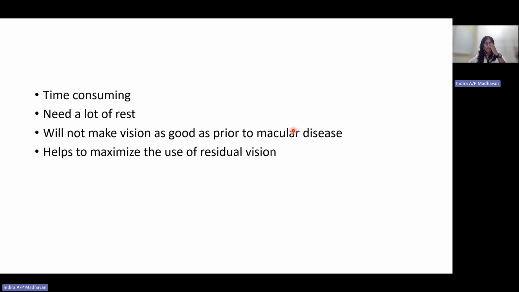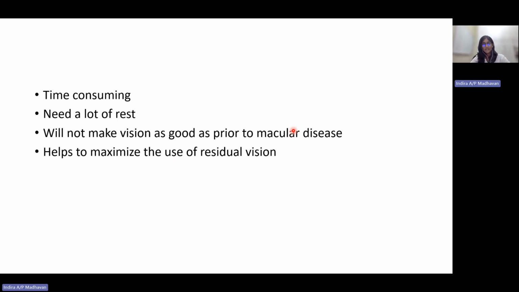As I already explained, the center part is concentrated with cones. So once it moves from the fovea to the side, it loses its density of cones, which also affects the detailing of any image that we see. And the next one is that it helps to maximize the use of residual vision.